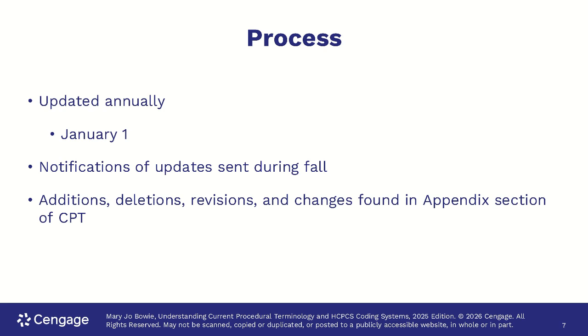So every November, the AMA has a CPT and RBRVS symposium. RBRVS, Resource Based Relative Value Scale, is the reimbursement methodology that determines how physicians are going to get paid.